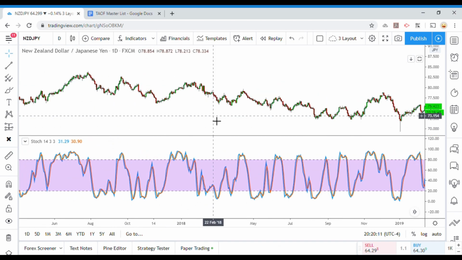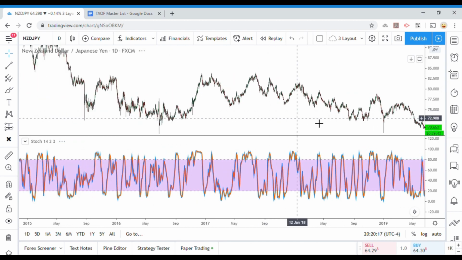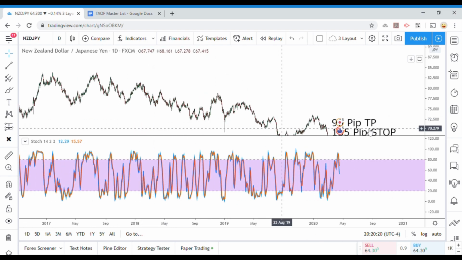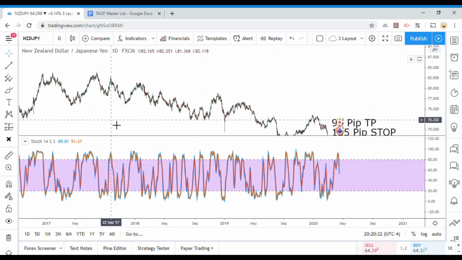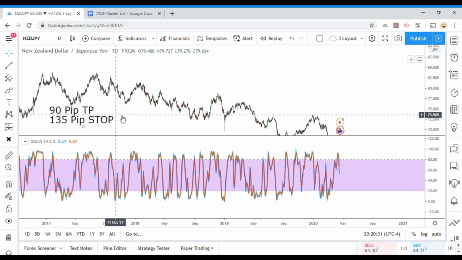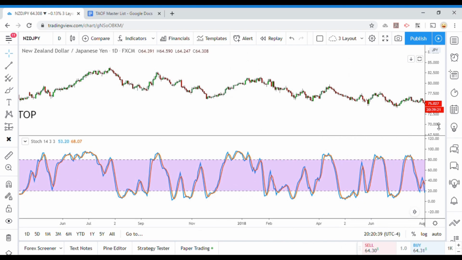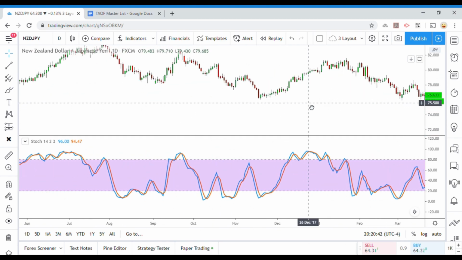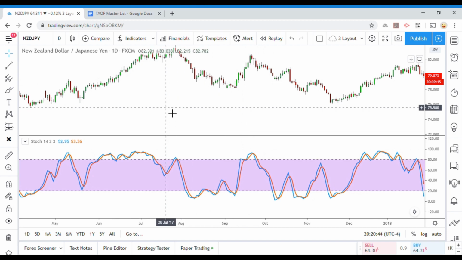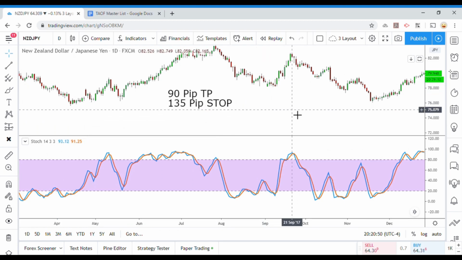Let's say 2018. Why not? Let's drag these over to here so we can keep them relatively in sight. Not that it's hard to remember, 90 and 135, but hey, whatever works.